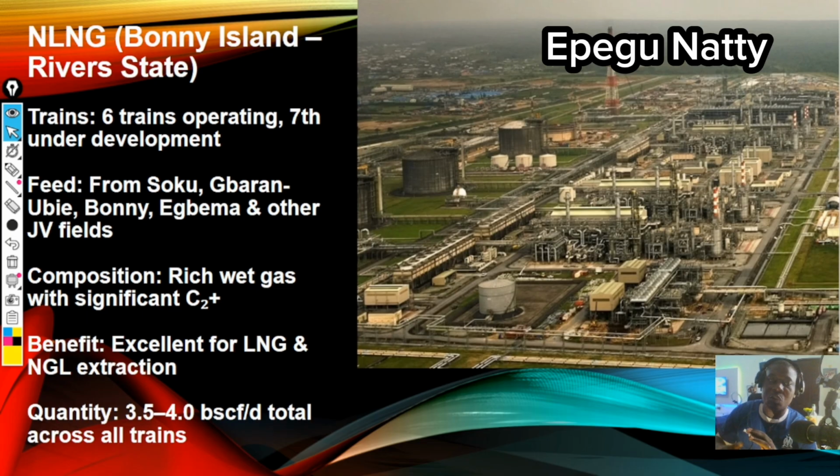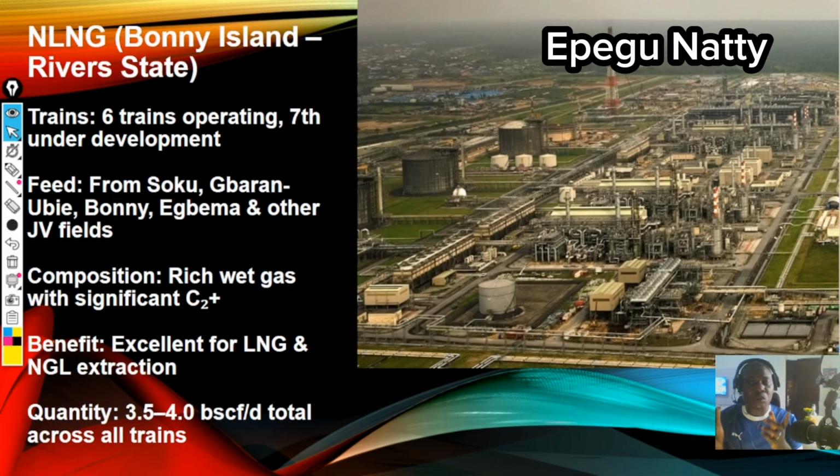Now for Bonny Island, we have train 1, train 2, train 3, train 4, train 5, train 6, and train 7 is currently being built. Train 7 is about 80% completion, right? Each of these trains is about 400 million standard cubic feet per day. You can imagine, very mighty.